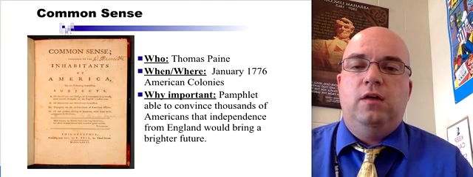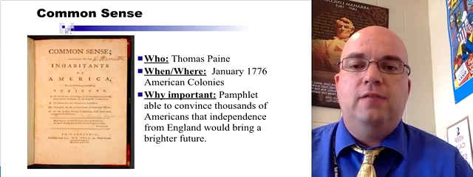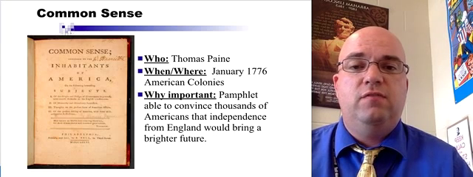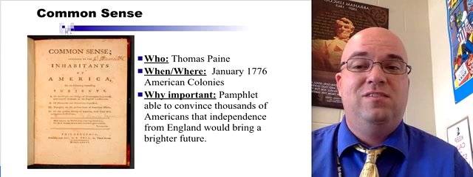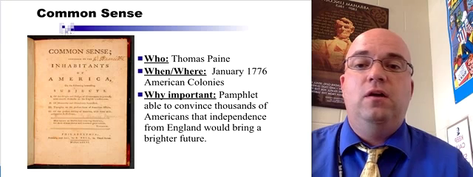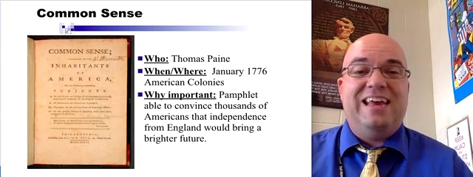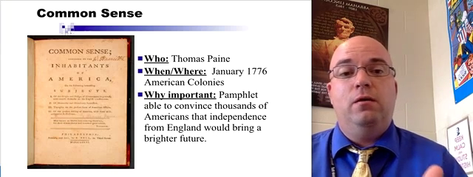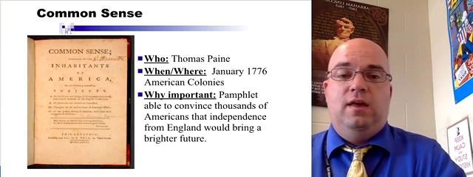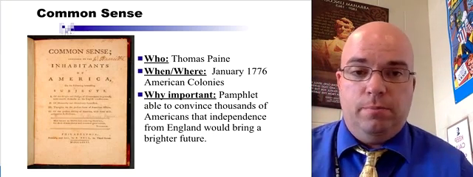Then a book is printed by Thomas Paine in January of 1776 called Common Sense, and it becomes a very quick bestseller around the colonies that makes the case why America would be better off being its own country instead of being part of the British Empire.